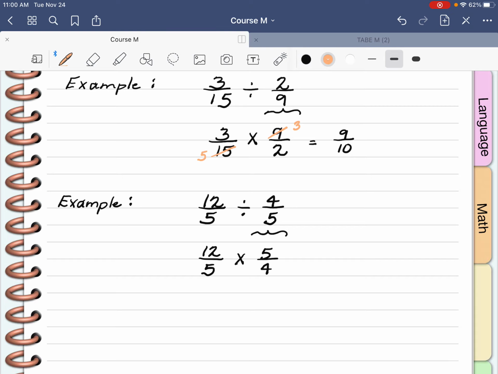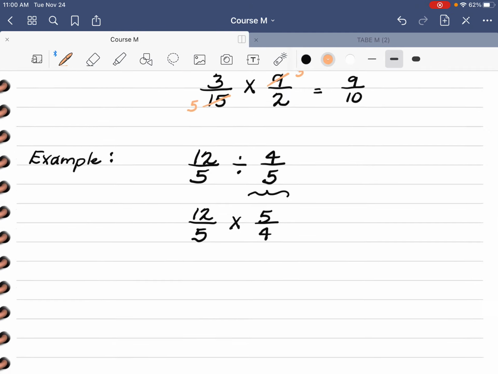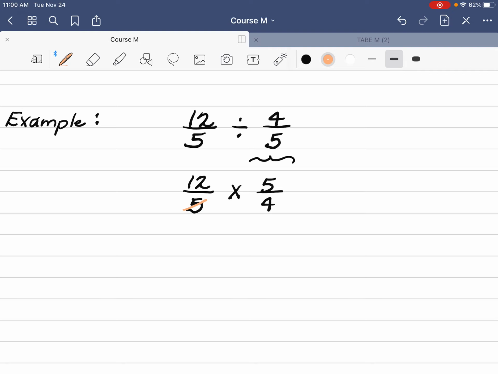I can cancel both ways here. The 5's cancel each other. 4 into 4 is 1, and 4 into 12 is 3. 3 times 1, 1 times 1, and simplify.